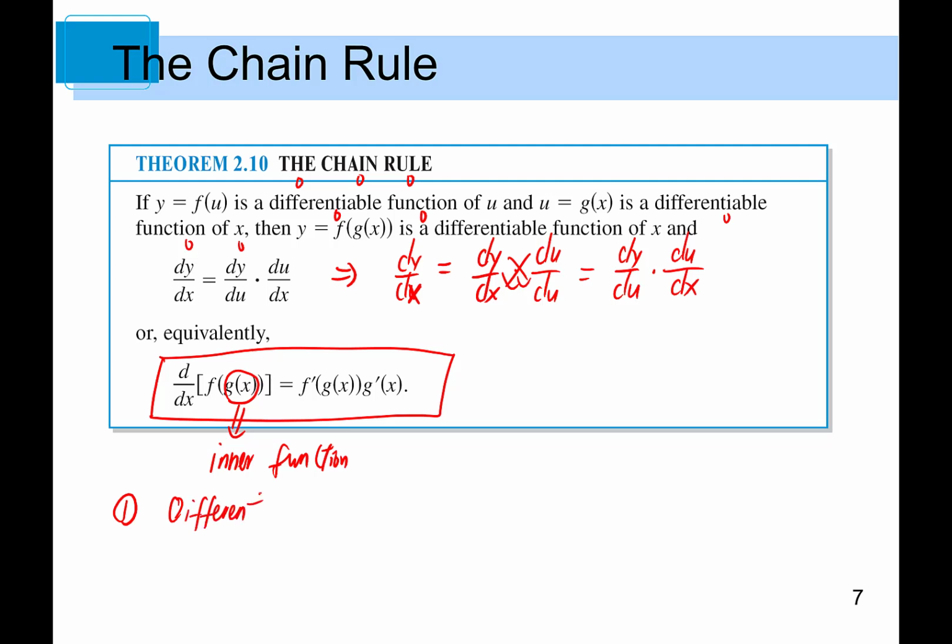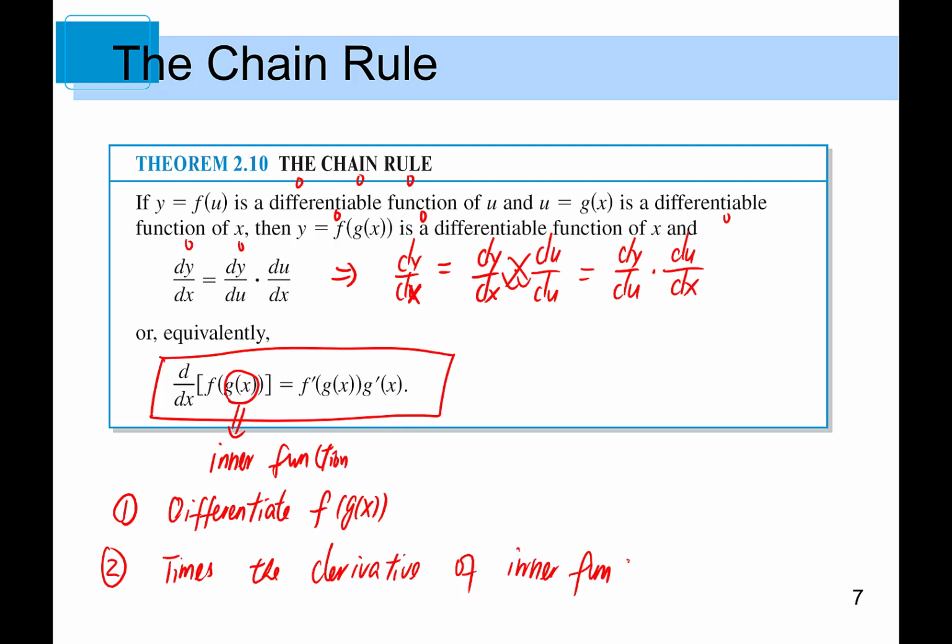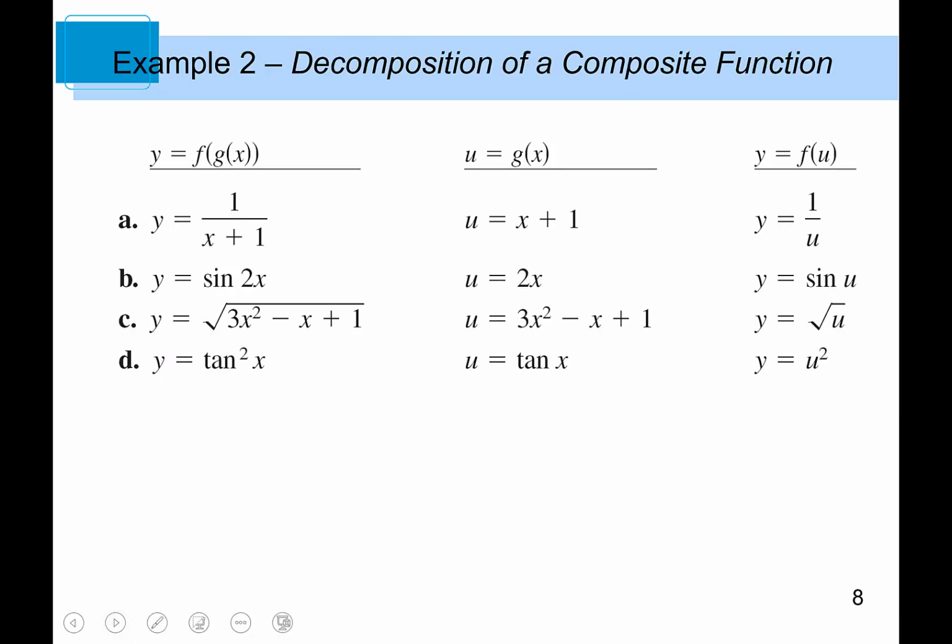Second, multiply by the derivative of the inner function, which is g prime of x. You can also take the chain rule like that. So the inner function is what we have to pay attention to.